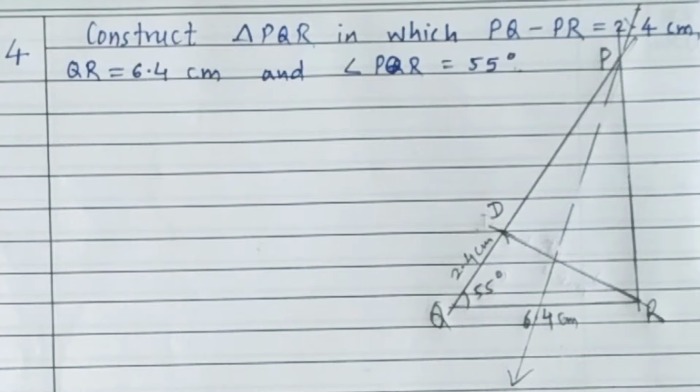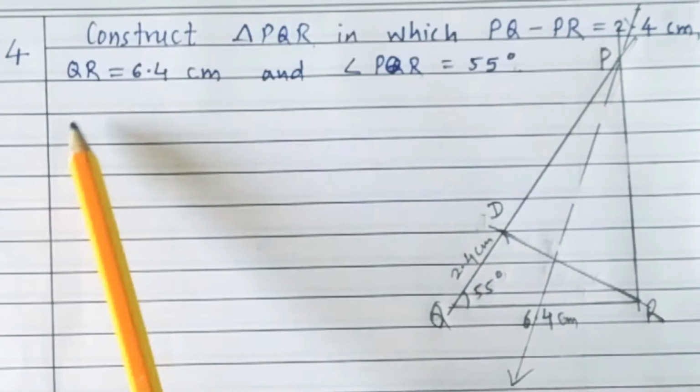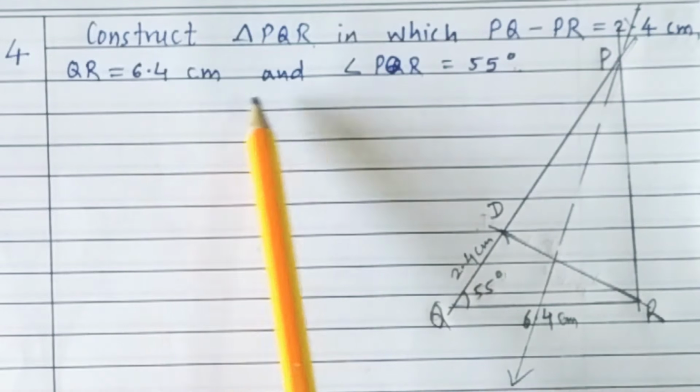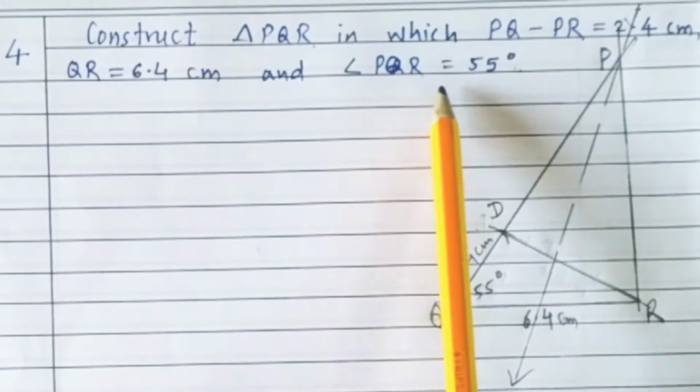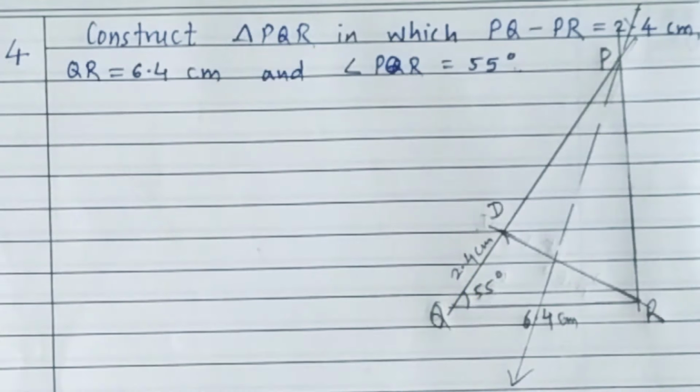Fourth example, construct triangle PQR in which PQ minus PR is equal to 2.4 centimeter, QR is equal to 6.4 centimeter, and angle PQR is equal to 55 degree. So the procedure of constructing this triangle is: first draw base QR 6.4 centimeter, then angle PQR, that is 55 degree.